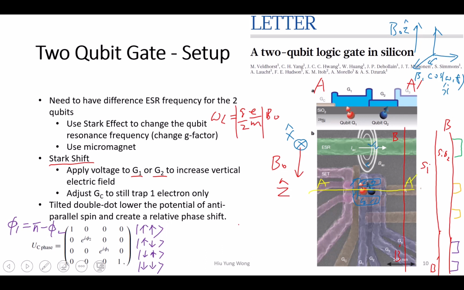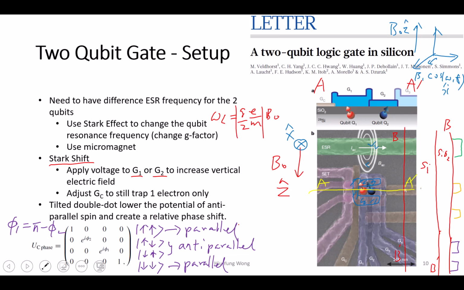So basically, the goal here is that I want to induce a phase shift only to these 2 states, which we call anti-parallel states, because they are pointing in opposite directions. This is parallel, and this is also parallel. And of course, the general state is the superposition of these 4 basis states.